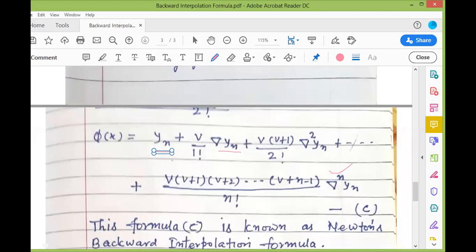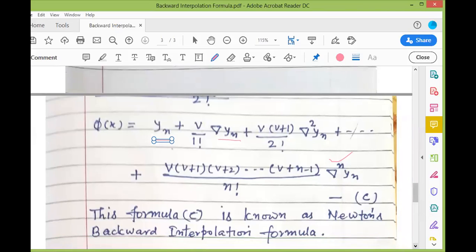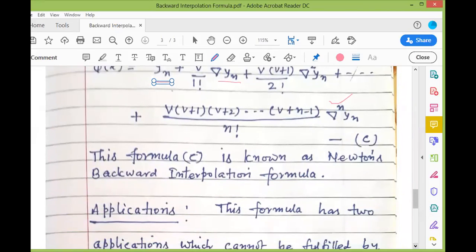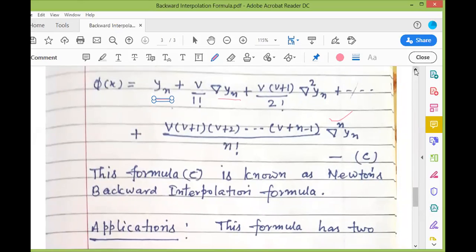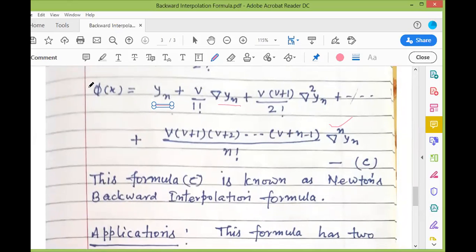And in this way, we have reached this formula, which is known as Newton's backward interpolation formula. So remember this formula: phi x is equal to yn plus, now v, this is a new variable, times the first difference, then v plus 1 over factorial 2 times the second difference, and similarly the last is the nth difference.